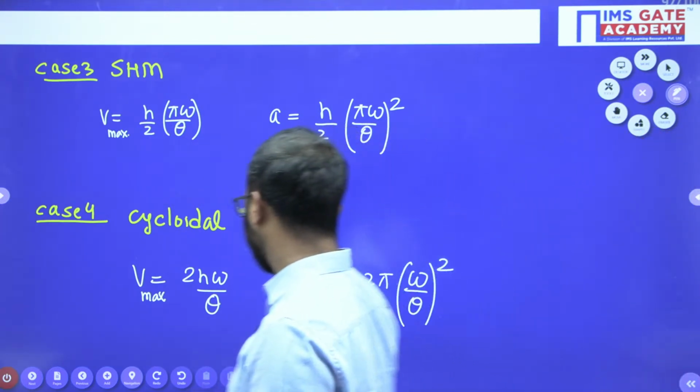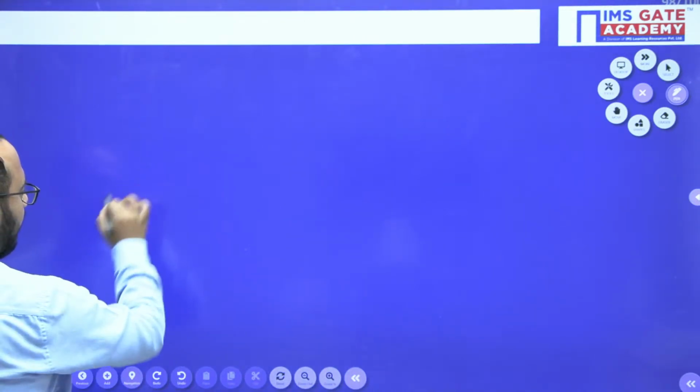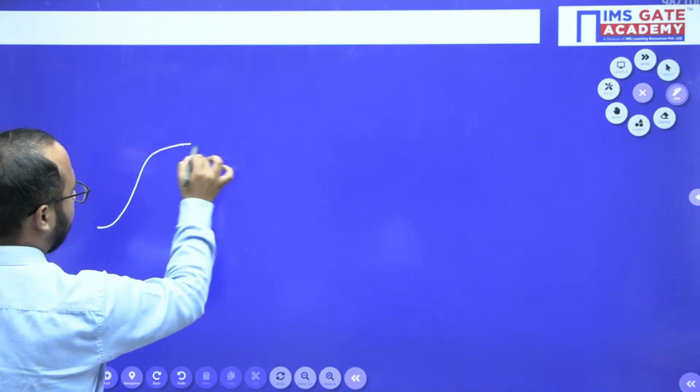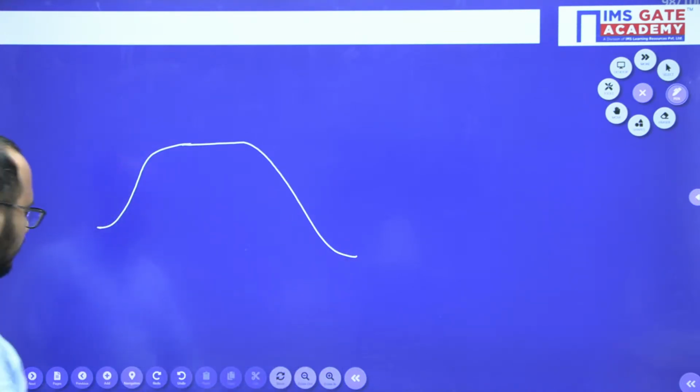Actually what happens, see, initially the follower will move like this, then there is a dwell period, then again a descent.